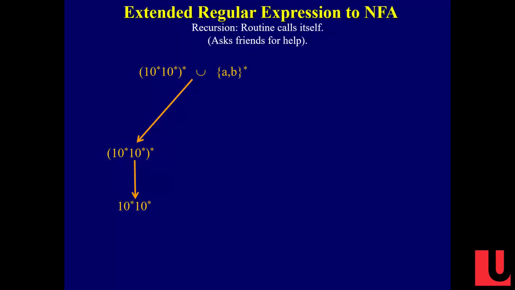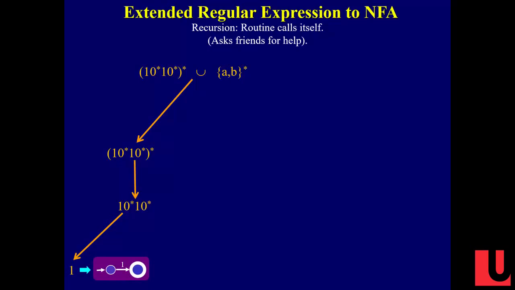And what does this guy do here? He says, well, this is the concatenation of four things. So he asks some friend, give me a DFA that can just accept 1. Well, that's pretty easy. Here's a DFA that accepts 1. It starts here. If you get a 1, actually, whenever I say DFA, I mean NFA.